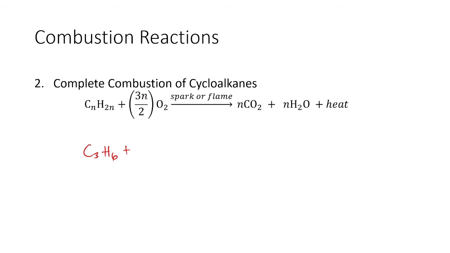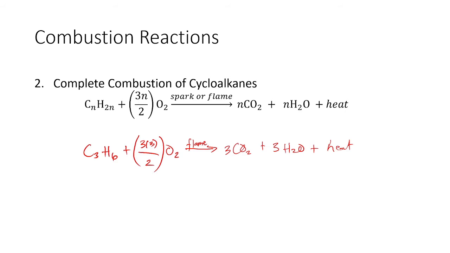So we will have 3 times 3 over 2, that will be how many moles of our oxygen. Instead of spark, we will use flame. N is 3, so we have 3 CO2 plus 3 moles of water. And also, let's not forget the heat.